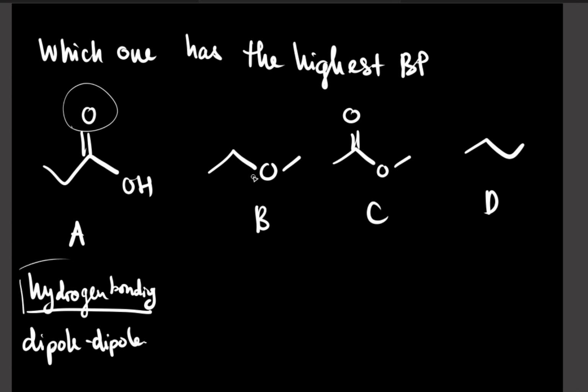In B, we can see that oxygen is being bonded with carbon, so it will have dipole, but it will not have hydrogen bonding. In C, we also have dipole, right?